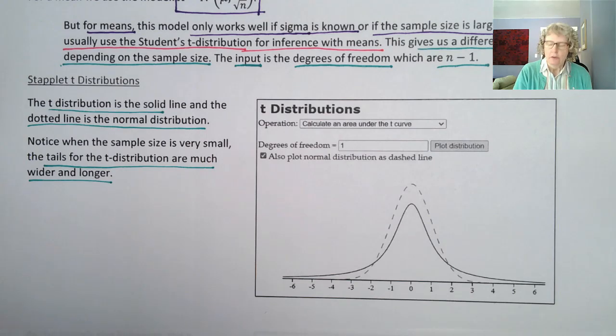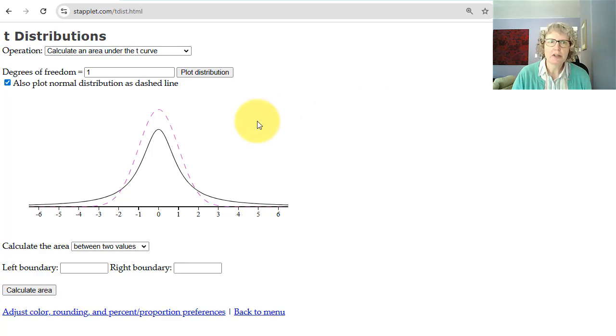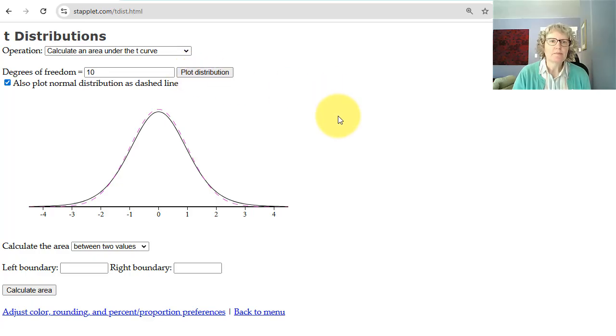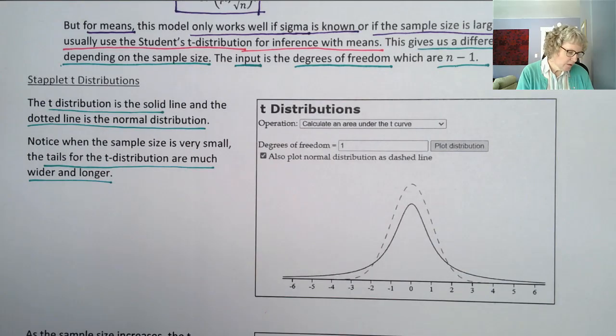Okay, great. Let's try another sample size. Let's try 10. So we actually would have 11 data values, since we always have one less degree of freedom. Interesting, huh? And you can try some values in the middle, and you can see it just gradually gets closer and closer to the normal curve. Okay, let's go back to the notes.